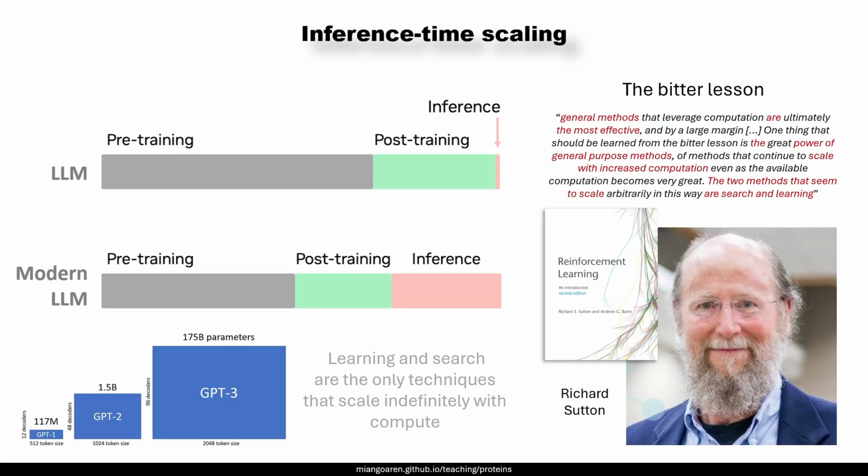And this really comes from an idea that Richard Sutton proposed, who is one of the fathers of the reinforcement learning strategy, which suggests that in general terms, the most effective methods that he has observed throughout his entire professional career are those that are general purpose, generalist, if they go hand in hand with the increase in computing with respect to performance, such that it is only these two types of tasks, search and learning, that do seem to go hand in hand as we scale computing capabilities, a lesson which he called the bitter lesson.